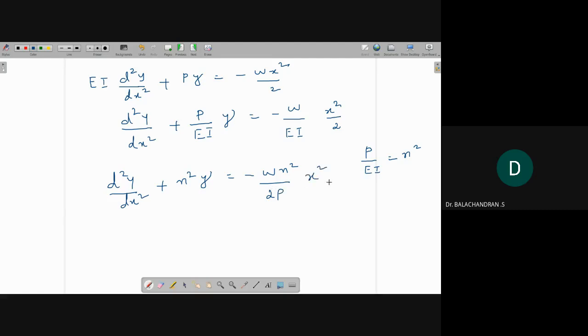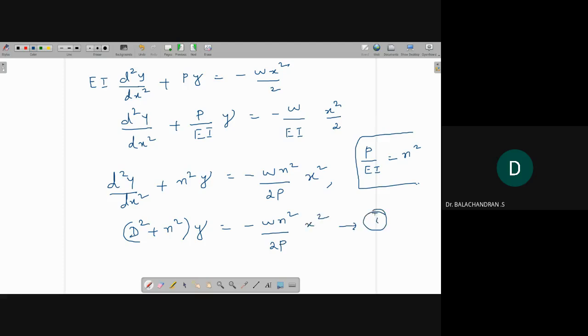Now d square plus n square into y equal to minus omega into n square by 2P into x square. I call this equation 1.